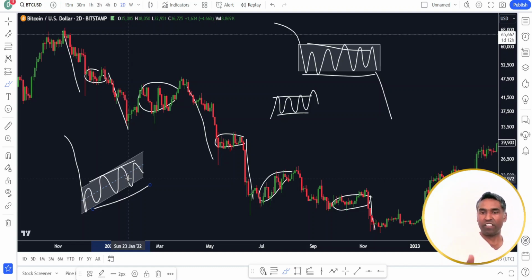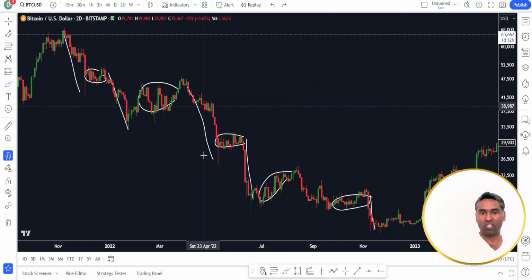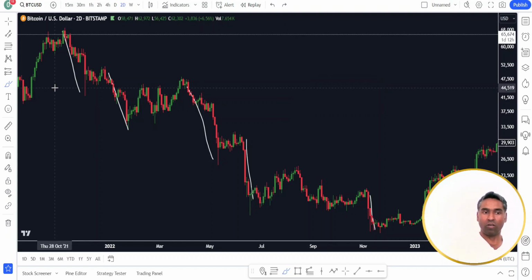Other patterns are wedges, symmetrical triangles, and ascending and descending triangles. We will study all those patterns in another lesson, but here we will only study these two continuation patterns. So let's see how we can identify these two patterns on this trend, when the trend is consolidating.